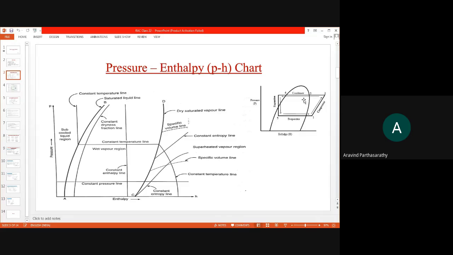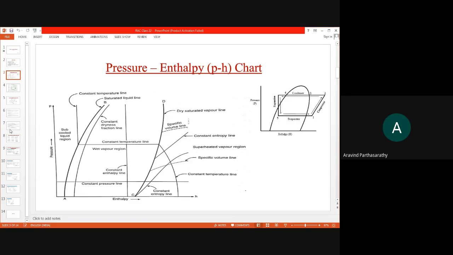We come to that in the next slide. That is why more state points will be available, not only 1, 2, 3, 4, since more processes are happening in the cycle.